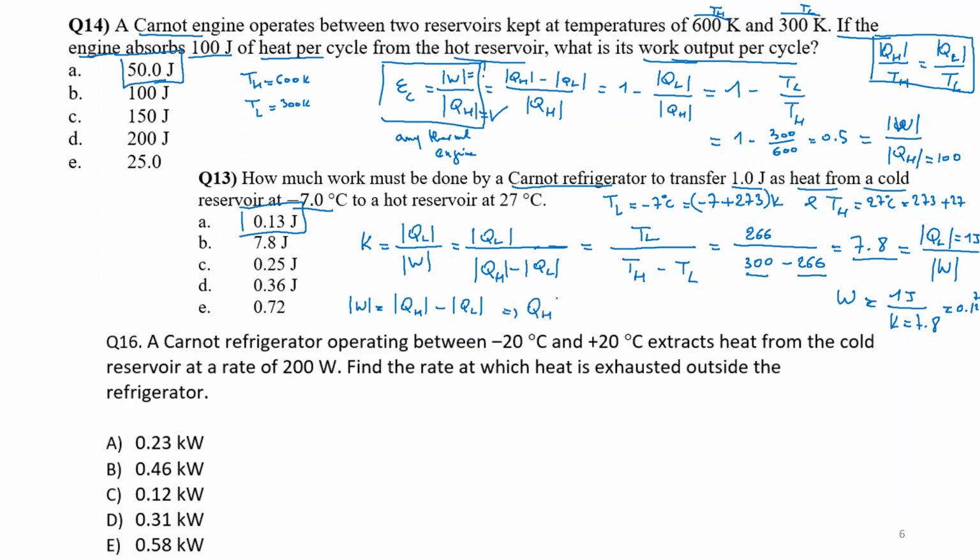So QH will be just work absolute value plus QL. I know the work, 0.13 joule. I know QL, which is 1 joule. So QH will be just 1.3 joule. By the way, this is a coefficient of performance of a Carnot refrigerator.